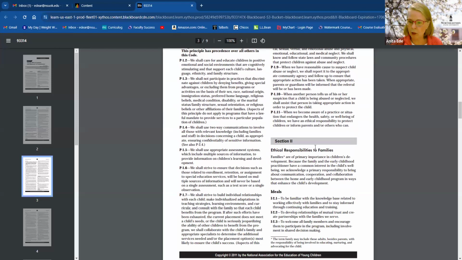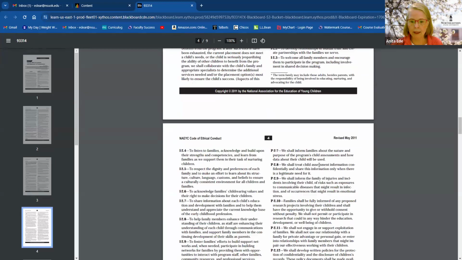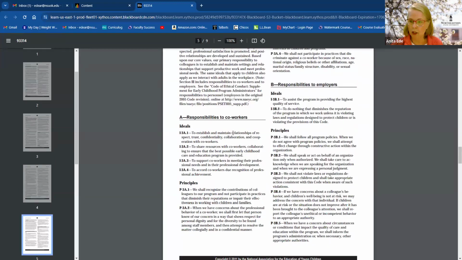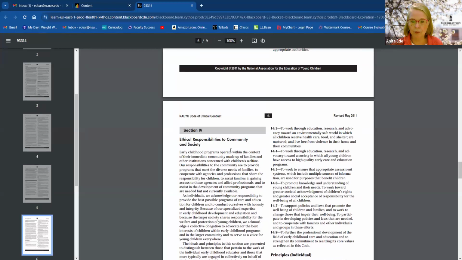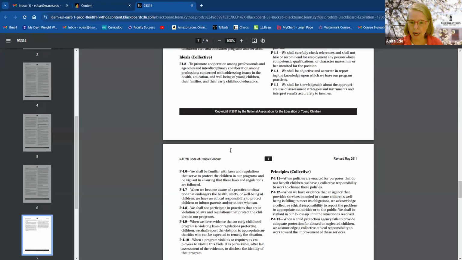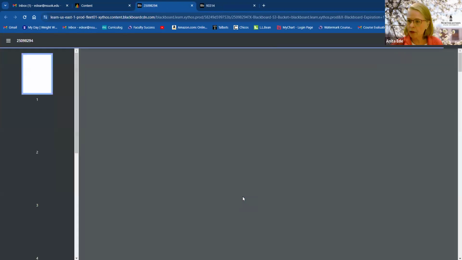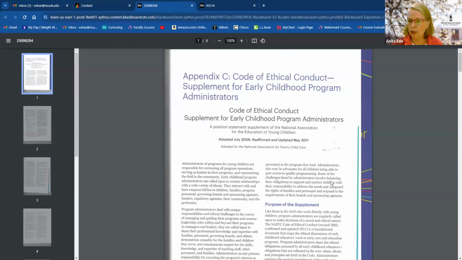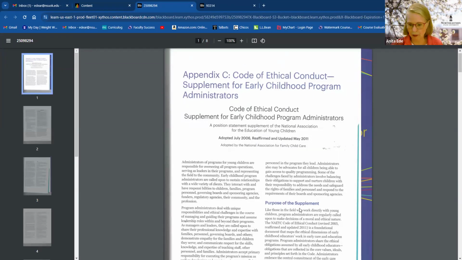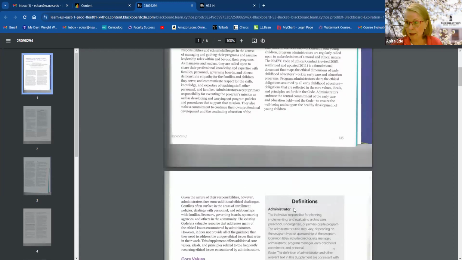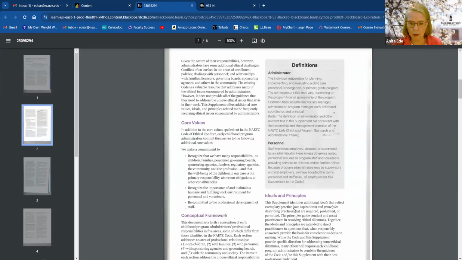Then there are ethical responsibilities to families, to coworkers, the community, and society. And since you're an administrator, you also need to look at the ethical conduct of early childhood program administrators, because they have some conduct standards as well.